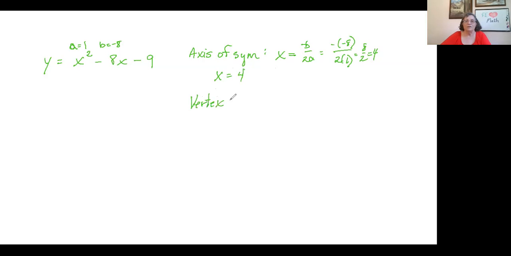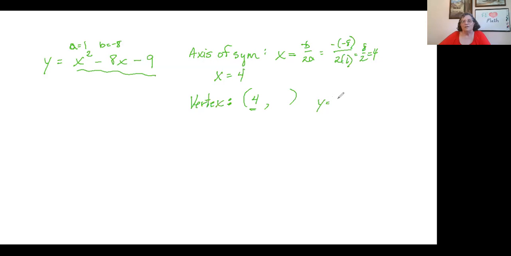To find the vertex, and if you don't have the vertex, you don't have the graph. Well, the vertex is going to be the point 4, something. We have to have the y value. If you know the x value and you know the equation, how do you find the y value that goes with that x value? Well, you plug it in.